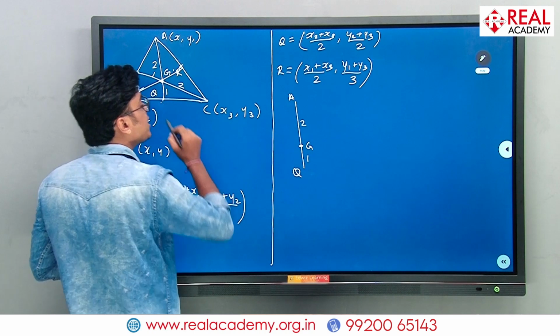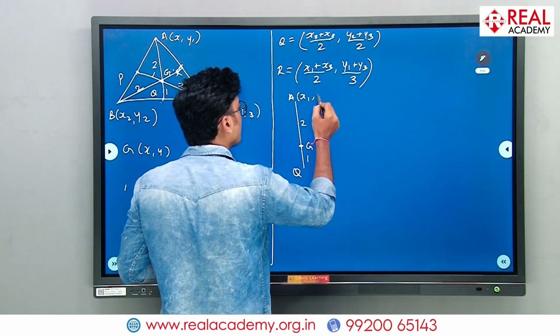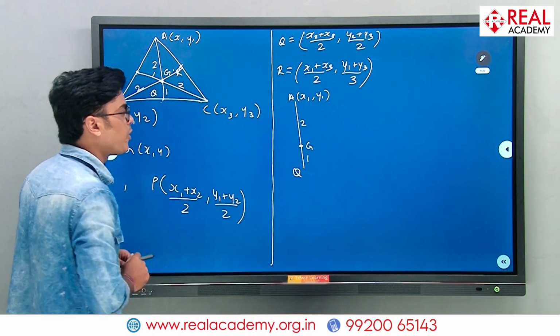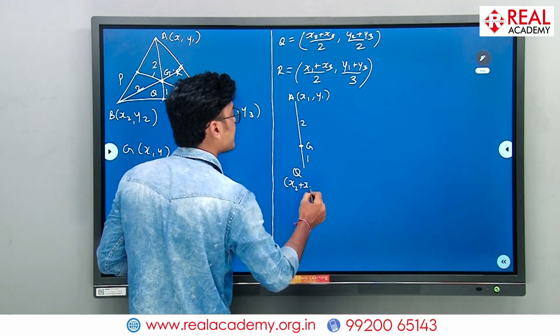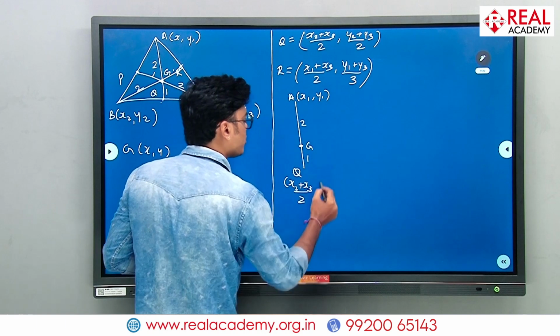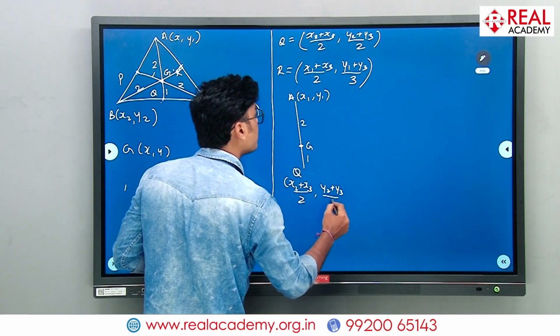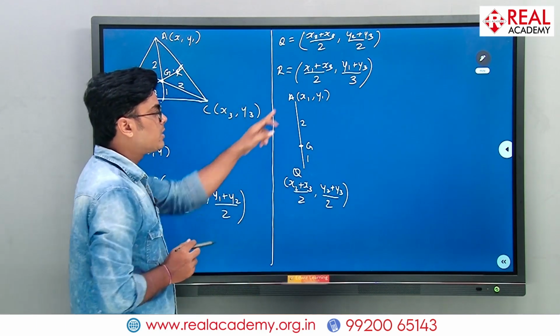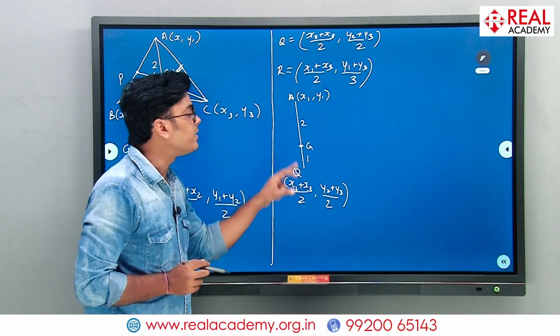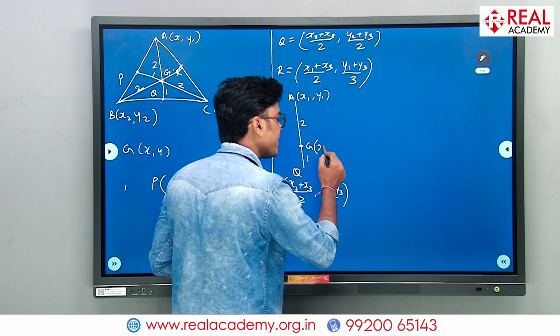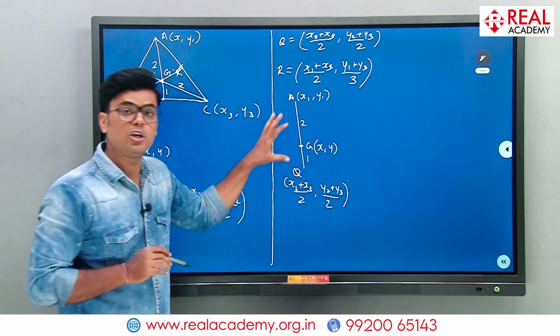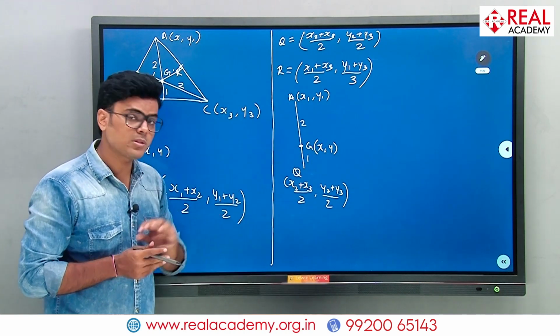What are the coordinates of point A? x1 comma y1. What are the coordinates of point Q? What we just found, x2 plus x3 upon 2 comma y2 plus y3 upon 2. So we know the end points of this line. We know the ratio 2:1. We need to find the centroid, which is x comma y, which is also the point of section in this line. So just use the section formula.